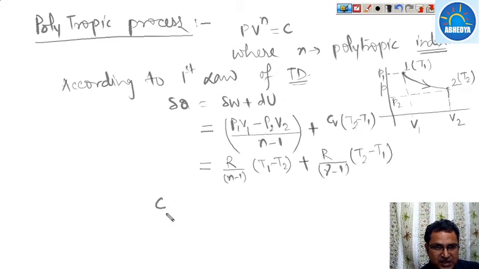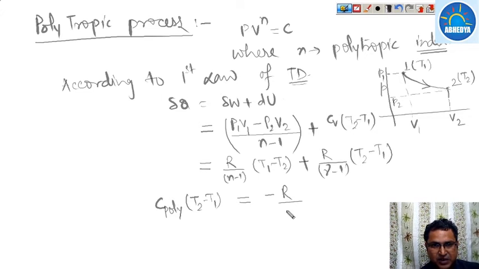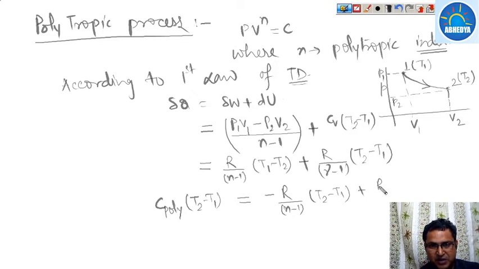So that is C polytropic into dT, that is T2 minus T1, is equal to minus R upon n minus 1 into T2 minus T1 plus R upon gamma minus 1 into T2 minus T1.